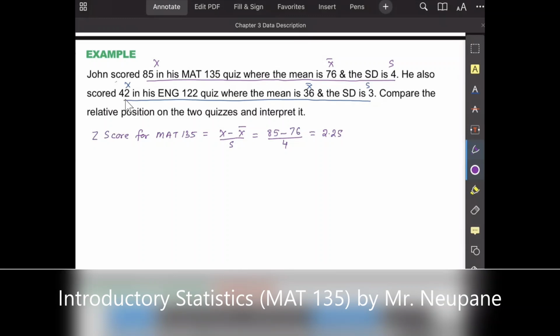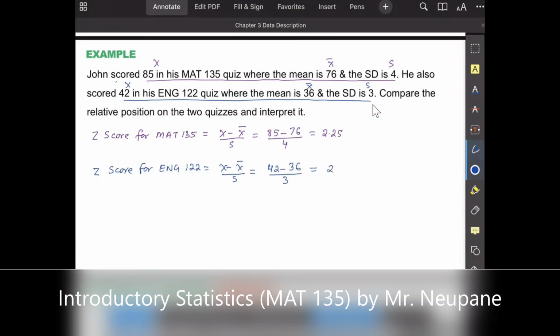Now let's find his z-score in English 122, same formula, x minus mean over standard deviation. x is the score on the quiz, 42, minus the mean, 36, divided by the standard deviation, 3. First 42 minus 36 is 6, and divided by 3, you get 2.